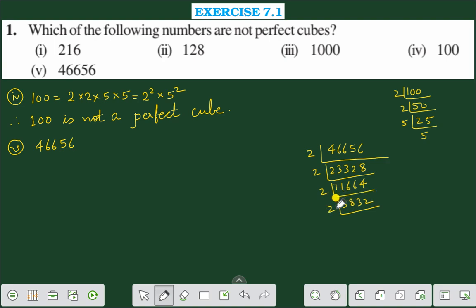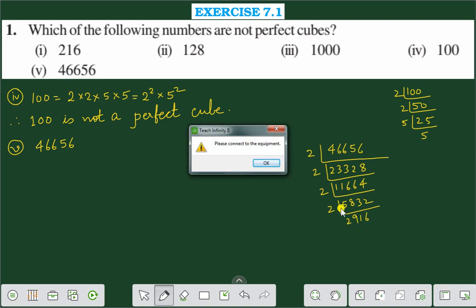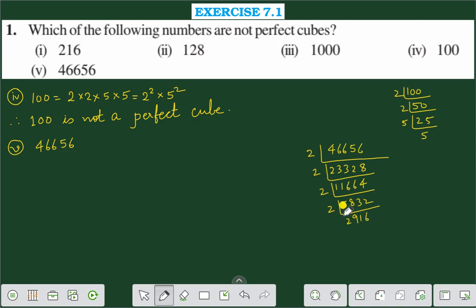Again dividing by 2, that is 2916. Again if we divide it by 2, we get 1458. Again we divide it by 2, and we get 729.